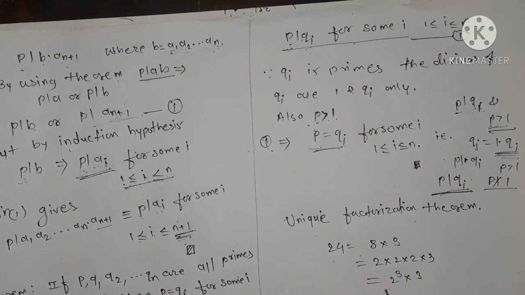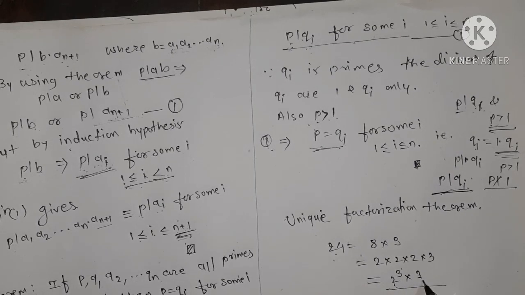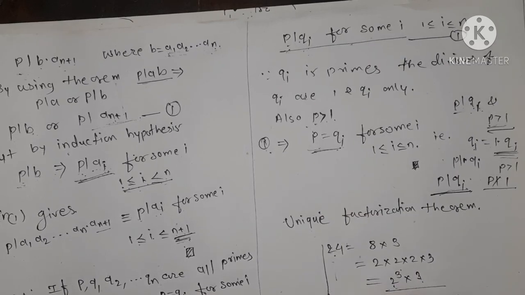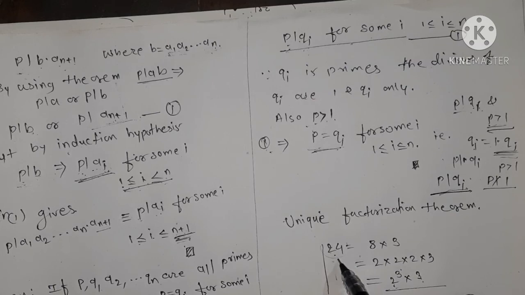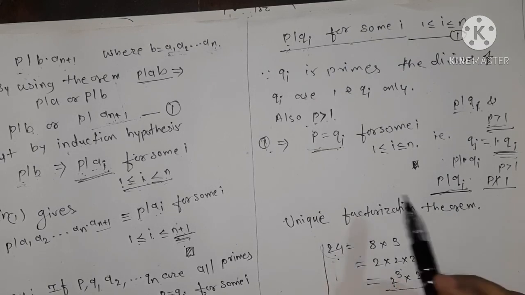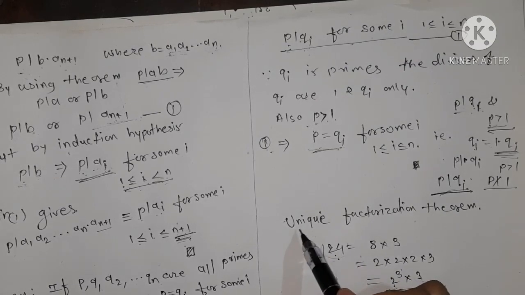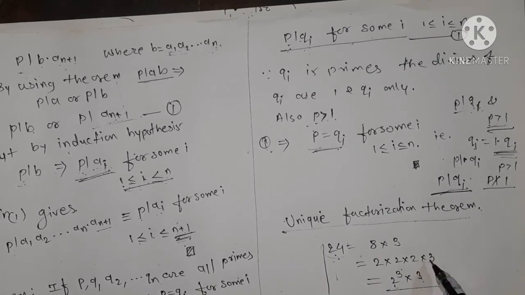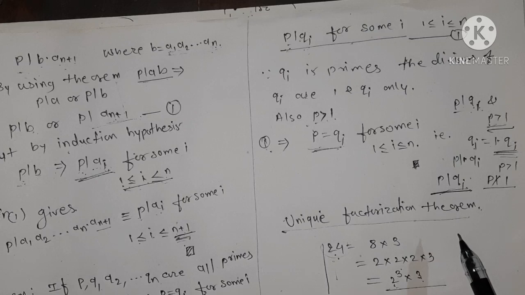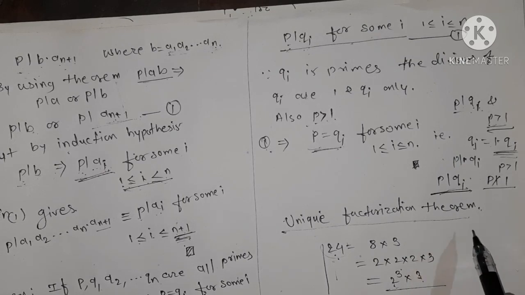So 24 can be written as a product of prime powers. In the same way, we have to show that the factorization of a number into a prime factorization is unique, that is, no two different factorizations can be obtained for the same number.